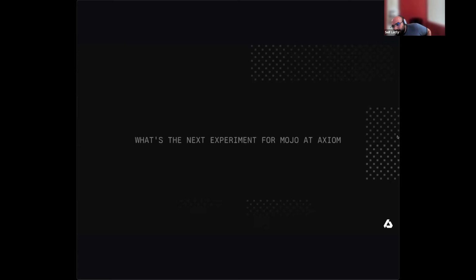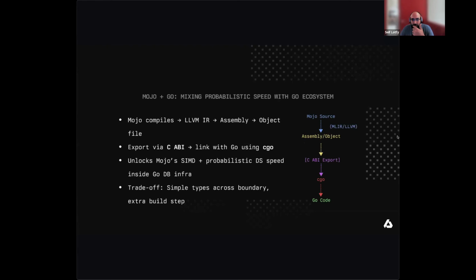So what's next for us, right? With experimenting, the next experiment for Mojo at Axiom, basically we were trying to see, okay, can we, and that looks really, really weird, I know, but humor me. I don't want to write C code. I don't want to write Rust code, right? And it's easier for me to produce assembly like this.